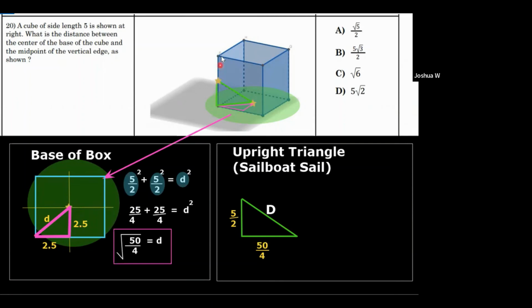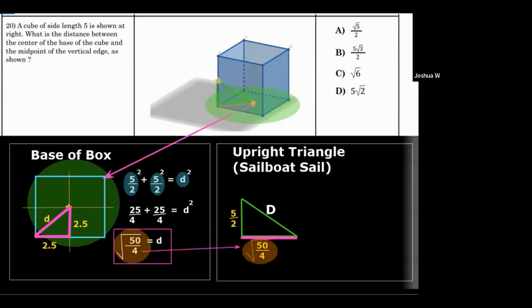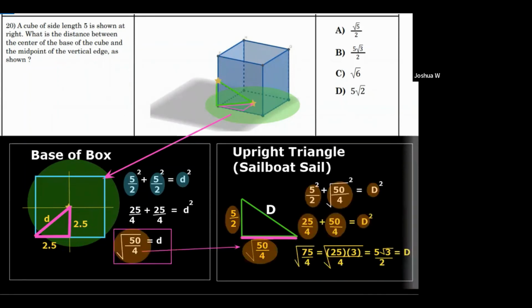And this is half of 5 units because it's a cube of 5 units. So this distance is a half of 5, or 2.5. Now we can do the vertical Pythagorean triangle, which is 5 halves squared plus the square root of 50 over 4 squared, which will give us the distance we wanted to find, like the distance between two hands holding the picked up box.